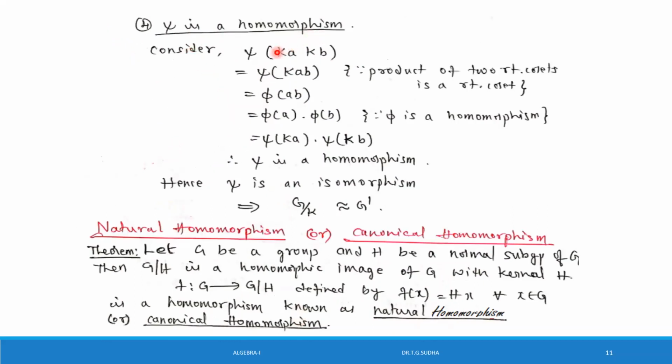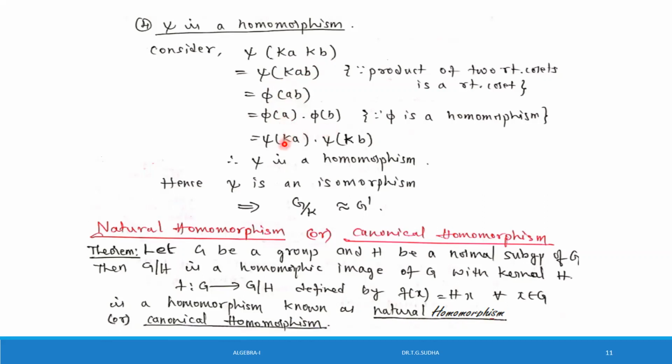Now let us prove that psi is a homomorphism. To prove that psi is a homomorphism, let us take psi of Ka into Kb. But Ka into Kb is the product of two right cosets, and that will be once again a right coset, that is Kab. So psi of Kab. Under the mapping psi, this is mapped down to phi of ab. But phi is a homomorphism, therefore phi of ab can be written as phi of a into phi of b.